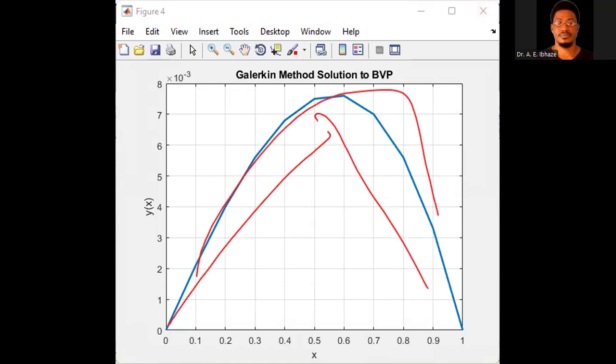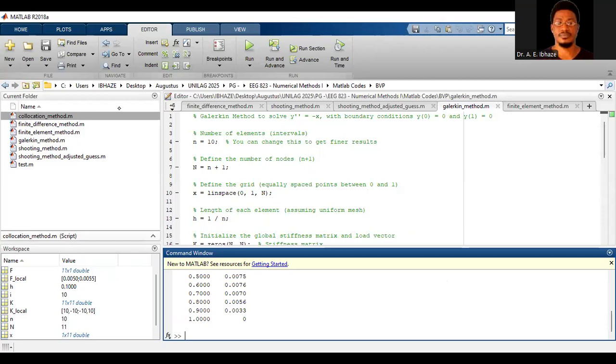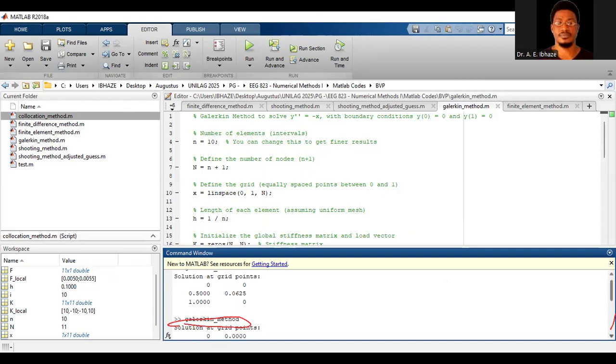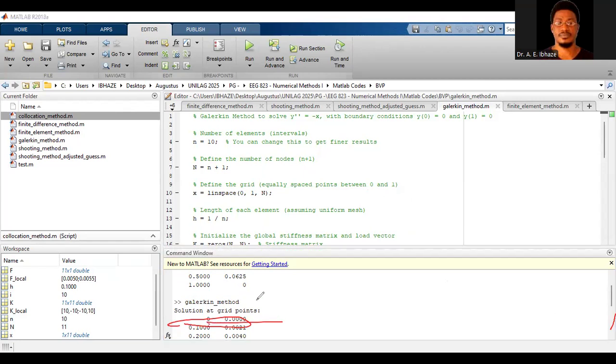And there, see that this method equally satisfies the boundary values at 0.1 and at 1.0, and the boundary condition 1, and also boundary condition 0.